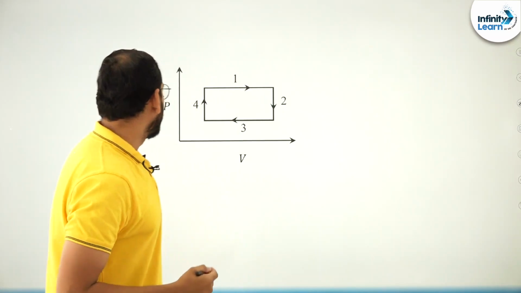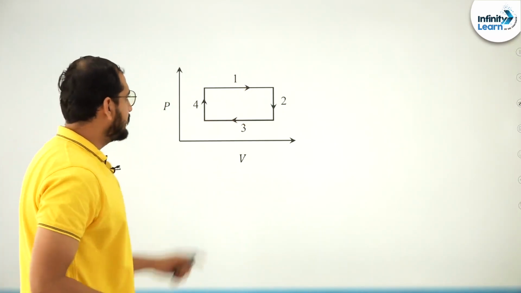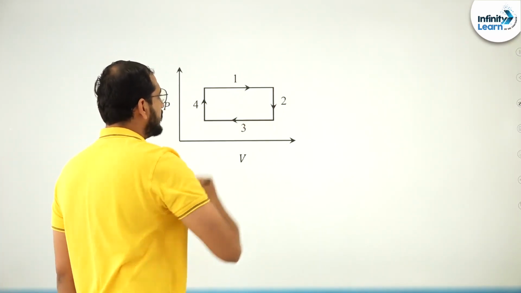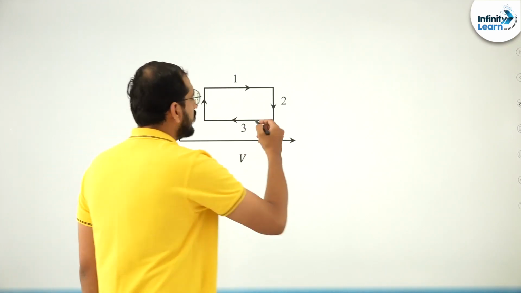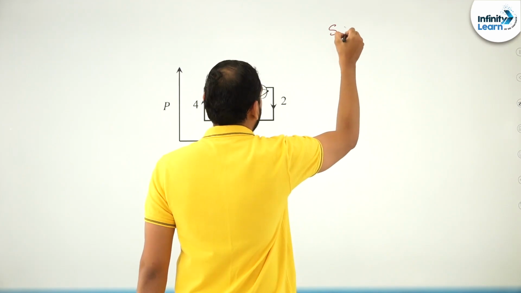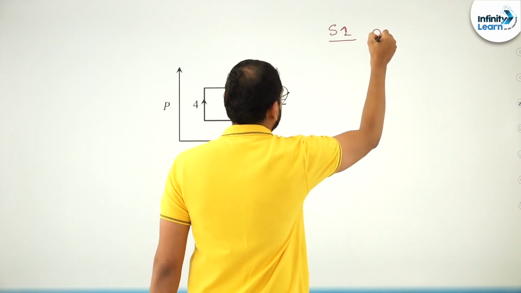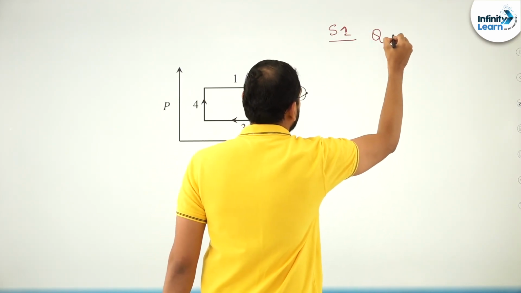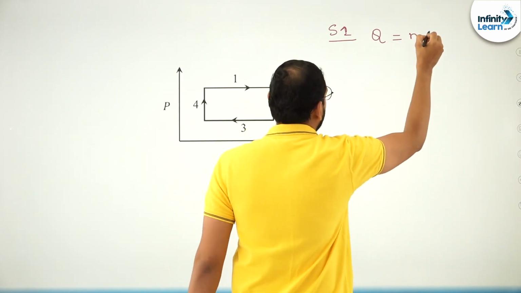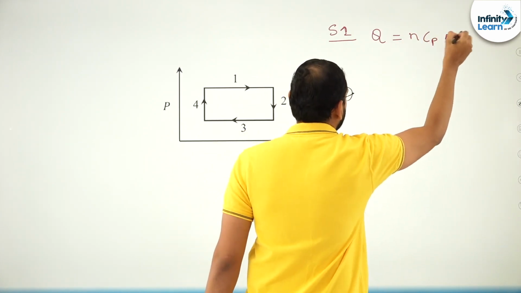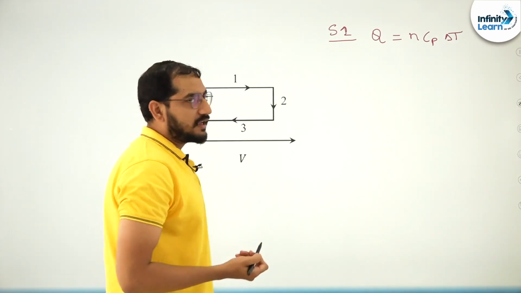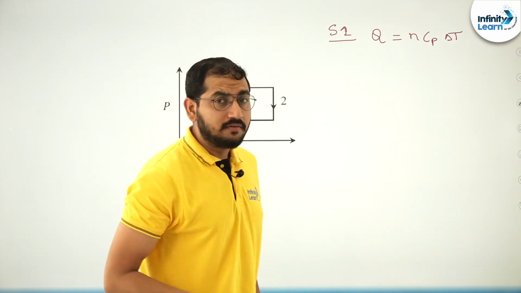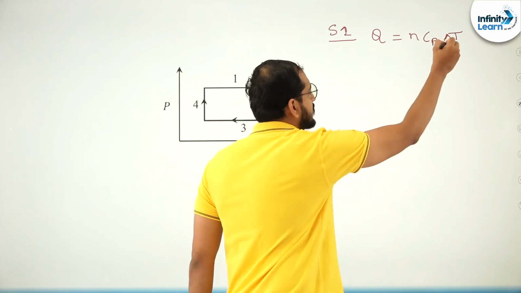If I go step by step, step number one is an isobaric process, right? So in isobaric process, can I say that the value of Q is going to be equal to nCp delta T? In order to check whether Q is going to be positive or negative, I have to think about the temperature difference.